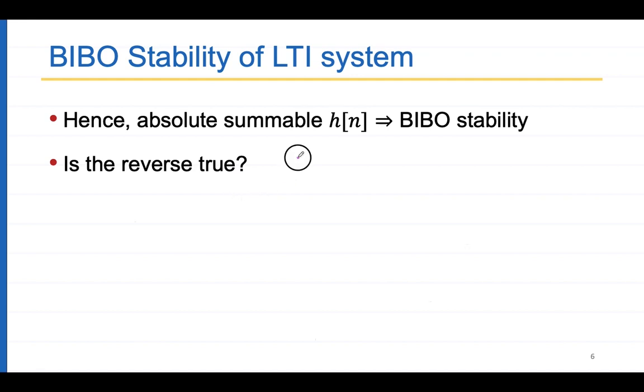What is the meaning of BIBO stability? It is given that the modulus of y of n is less than or equal to some By, which is less than infinity. My y of n is always bounded. Now let's expand my y of n in terms of convolution, h of k, x of n minus k.